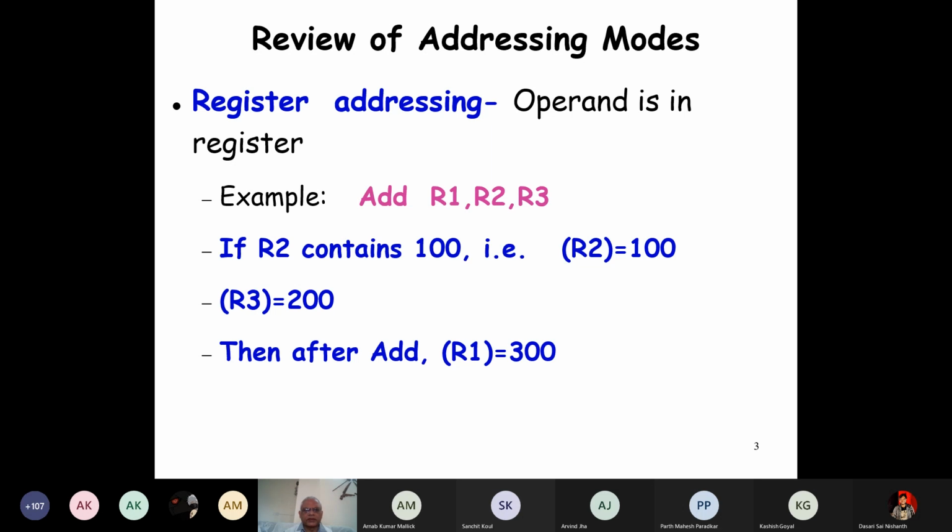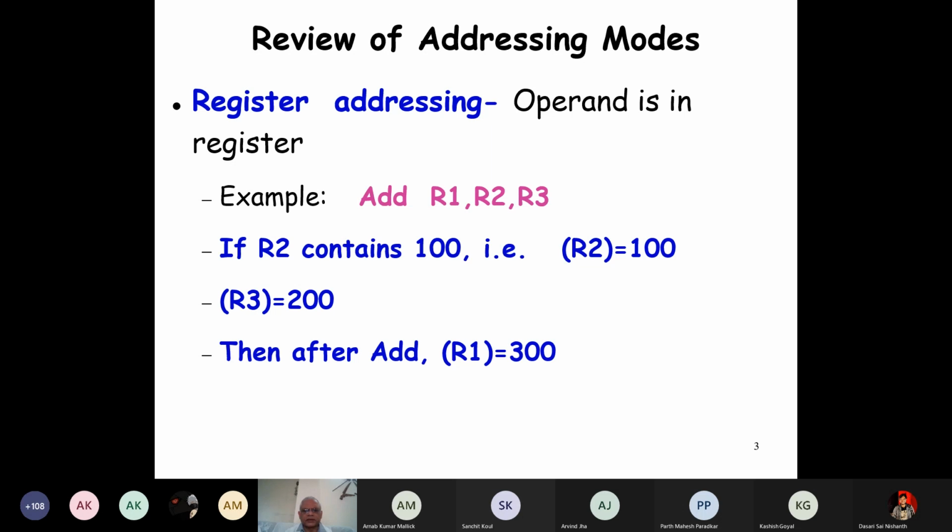So let's review the addressing modes. The first is the register addressing, and the most frequently used addressing mode is the register addressing. This addressing mode says that the data or the operand is there in a register.